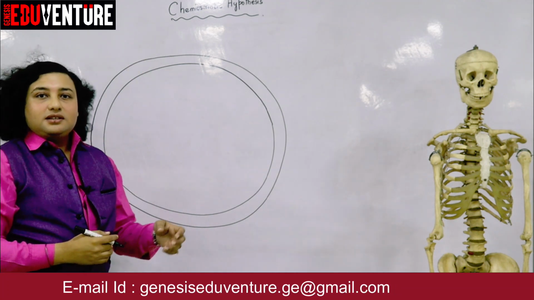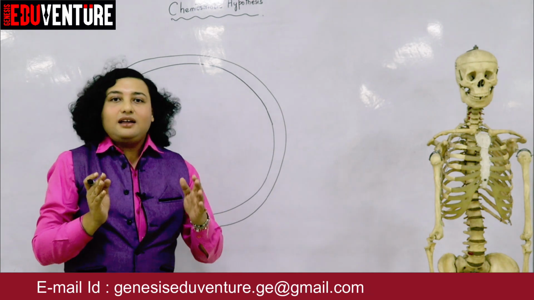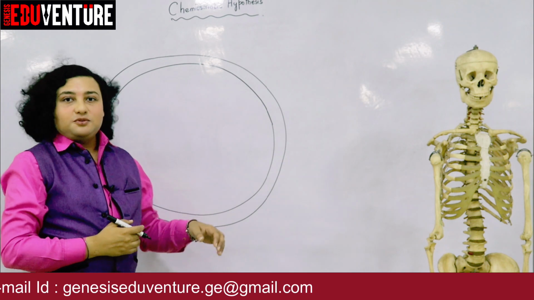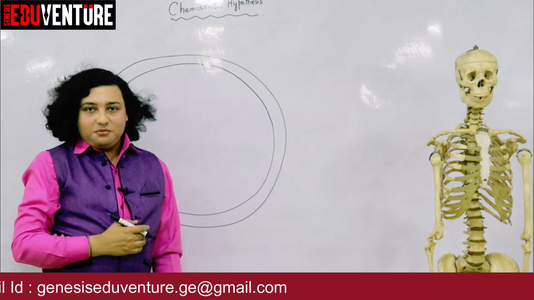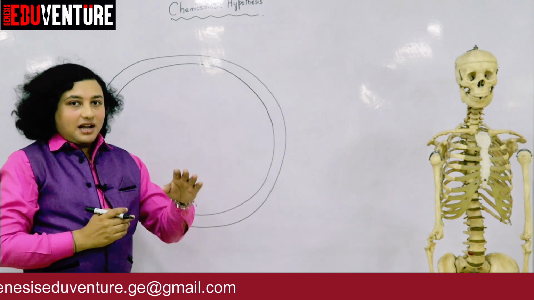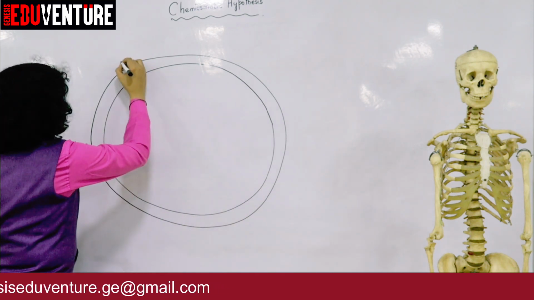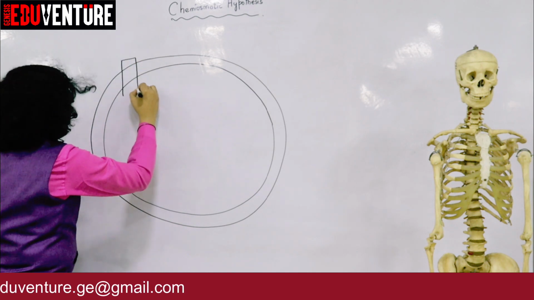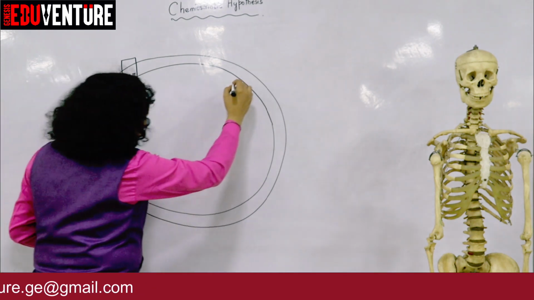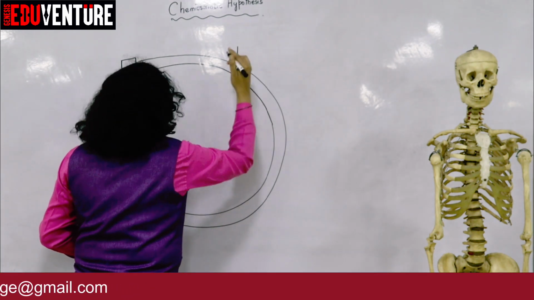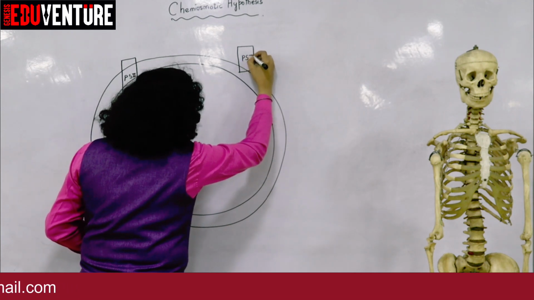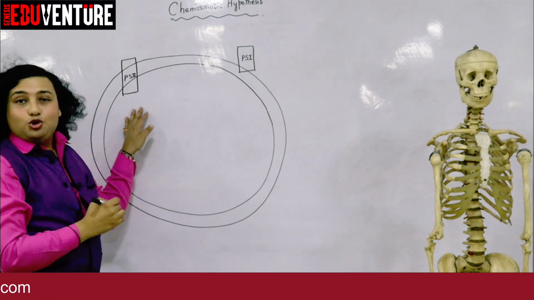Just now I discussed the positions of photosystem 1 and photosystem 2. Photosystem 2 is slightly embedded in the thylakoid membrane, while photosystem 1 is present at the upper region, that is the unappressed region. So I can put photosystem 2 over here. This is PS2, and this represents photosystem 1. You can see that the position of photosystem 1 is slightly above that of photosystem 2.